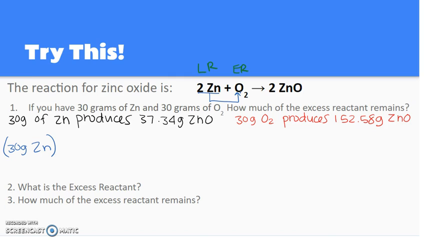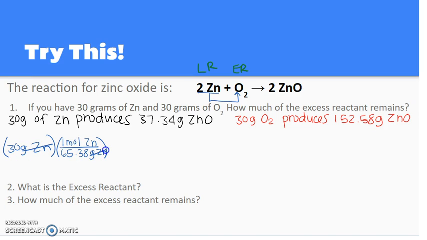If we react 30 grams of zinc, exactly how much oxygen do we need to produce our product? First, we want to convert that into moles, and we remember that the molar mass is 65.38 grams for every 1 mole.